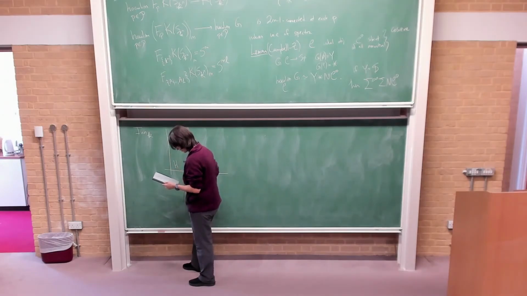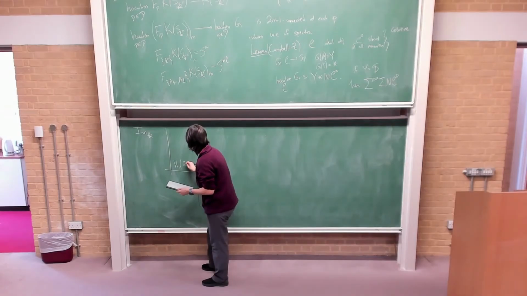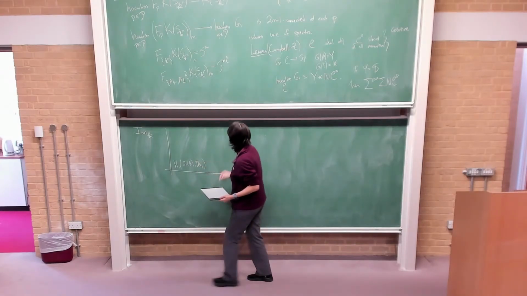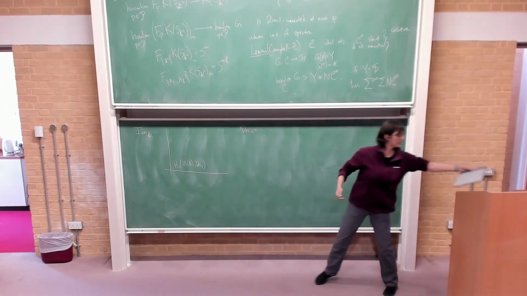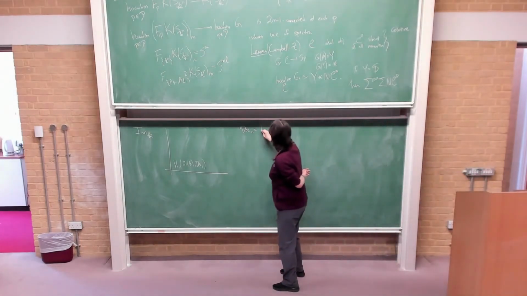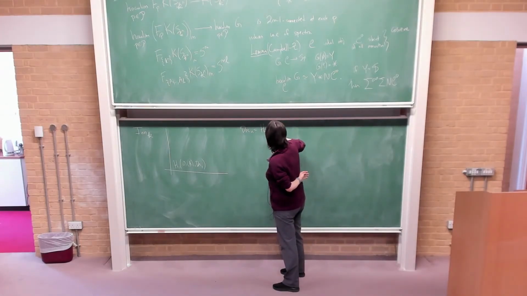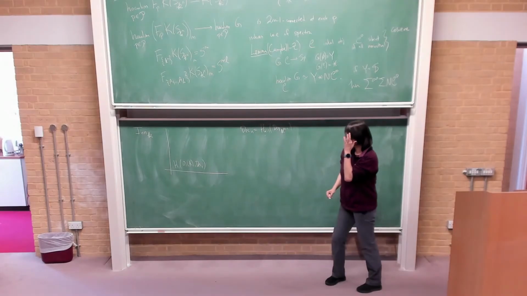So we have H1 of O1 of K with coefficients. I'm going to call it dec n. It's going to be the n minus first homology of this decomposition thing for K to the n plus 1.